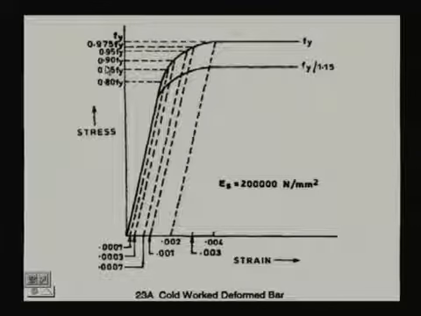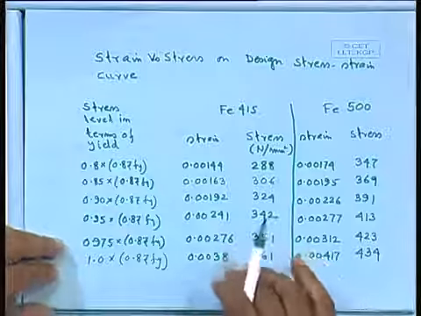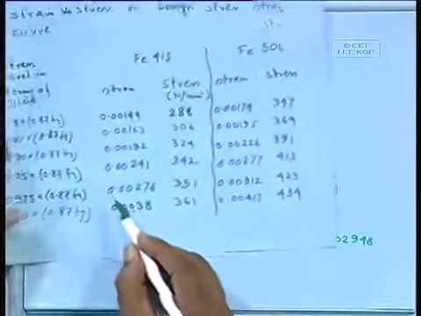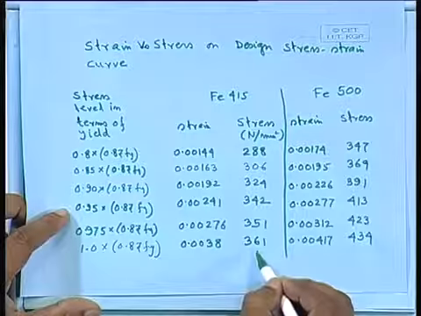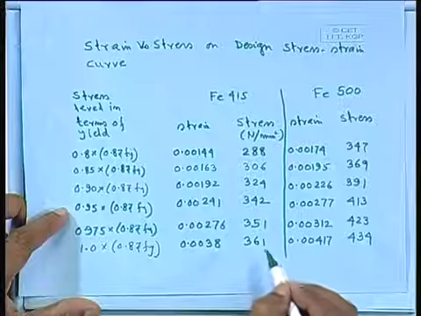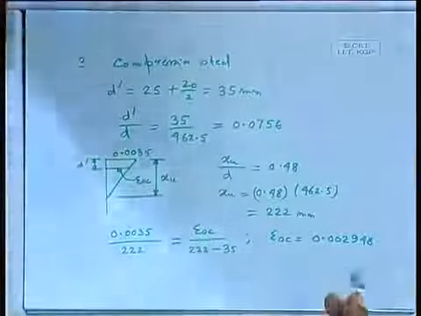Instead of that, it is better to use this table, and in our case 0.002948 is coming in this interval. So, we can find out the corresponding stress in compression steel. You can get that one in IS 456 also. SP16 is the design aid, that is special publication, but IS 456 is the actual code which you have to follow.